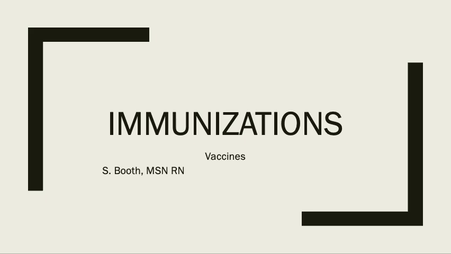When we give a vaccine, the immune system will produce antibodies that target a specific microbe, usually contained in that vaccine. The vaccines will have killed viruses, live viruses, or weakened viruses, which are called attenuated viruses.